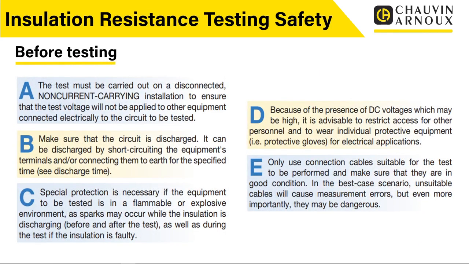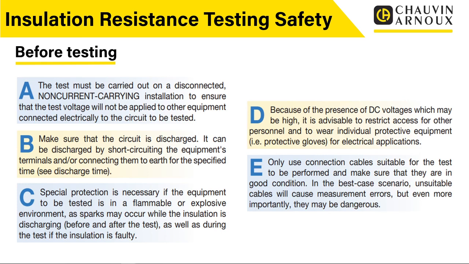Because we're using quite high voltages, typically we're talking of test voltages up to 1000 volts in this case, and typically around 500 volts. Now, the way these are applied by the insulation resistance tester, we're not talking huge amounts of current.